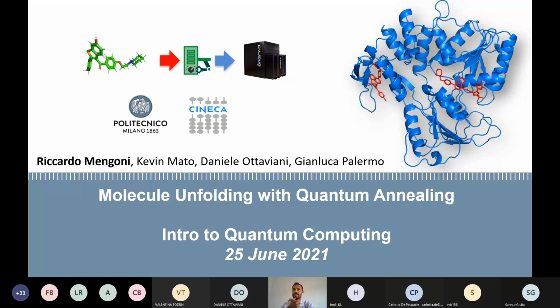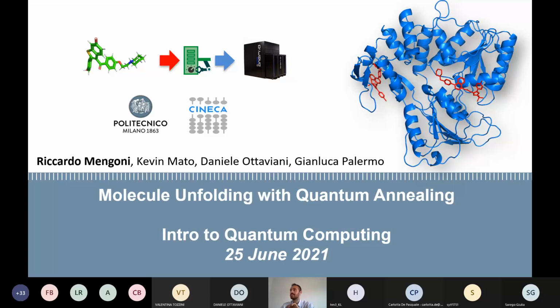IBM says that they are going to have gate model quantum computers of size 1000 qubits by 2023, more or less 2025. So with 1000 qubits, probably you can run things that we have seen yesterday, like VQE for molecular simulation, that are beyond what we can do today with classical computers.